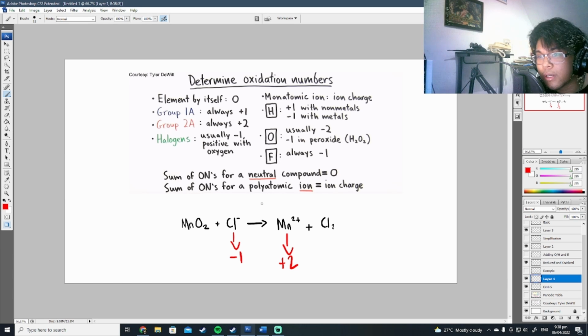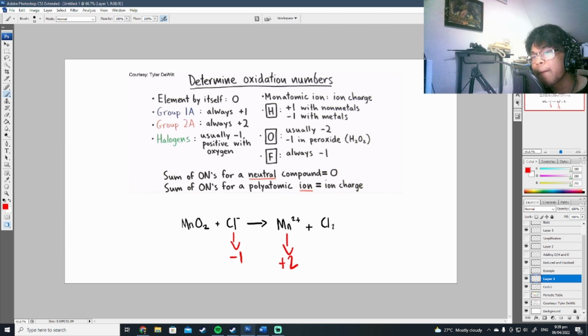The next thing we should do is look at our example problem right here. This is our example of an unbalanced redox equation, the problem that we're going to try and solve.